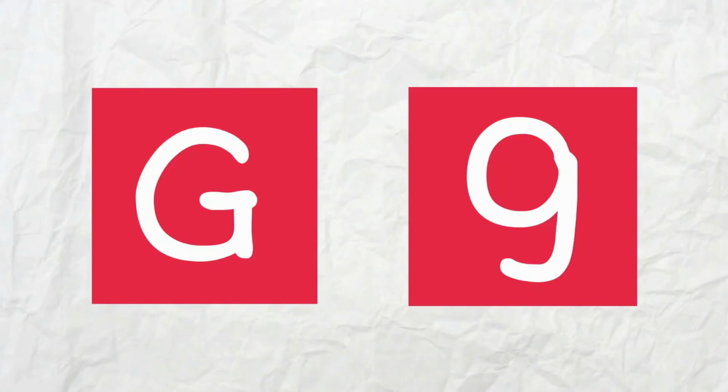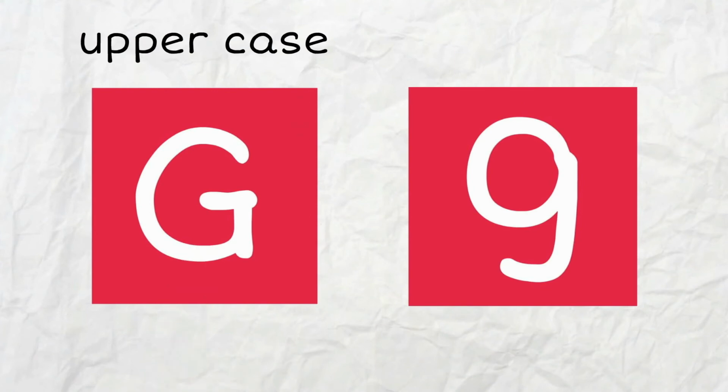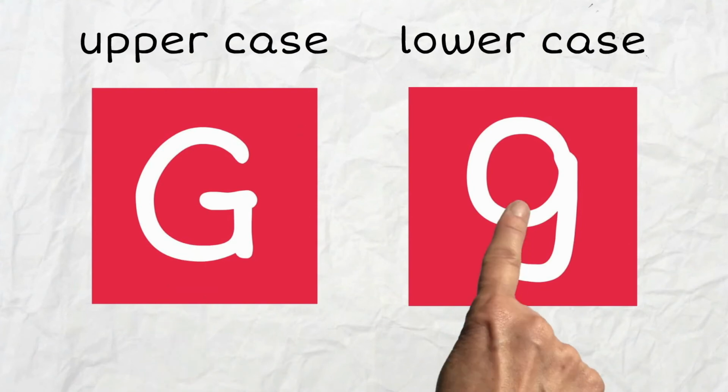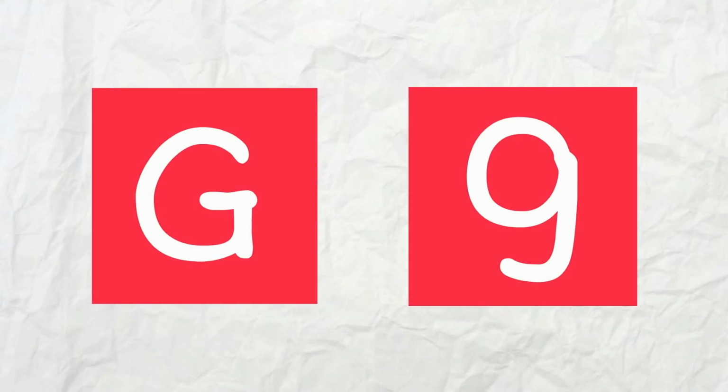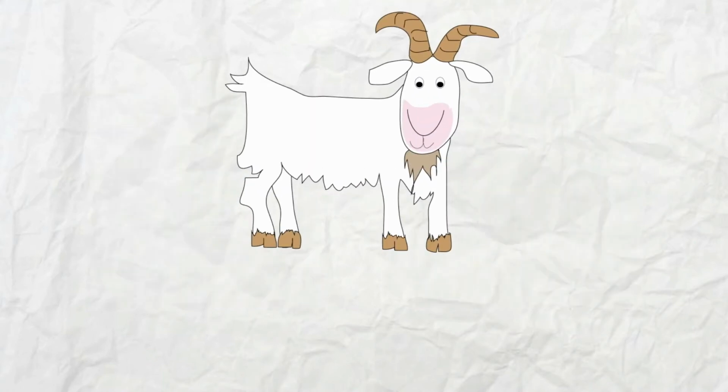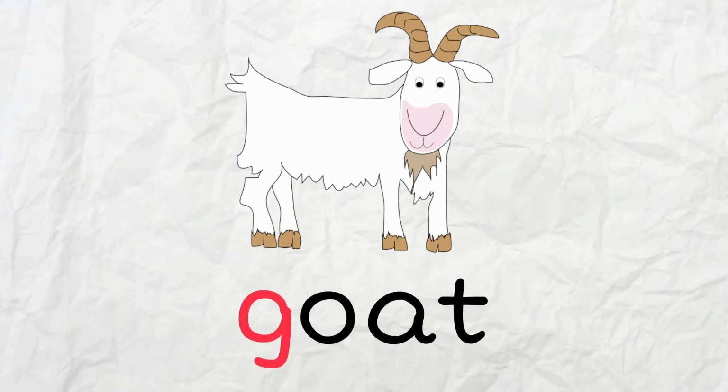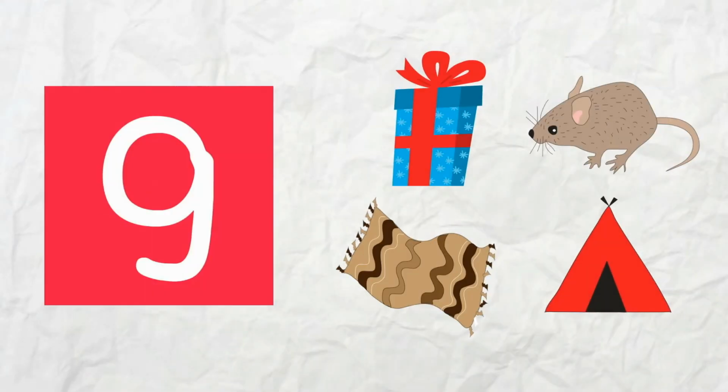This is the letter G. Uppercase G and lowercase g. G sounds like G. Goat begins with G. G. Goat. Can you see something that begins with G?